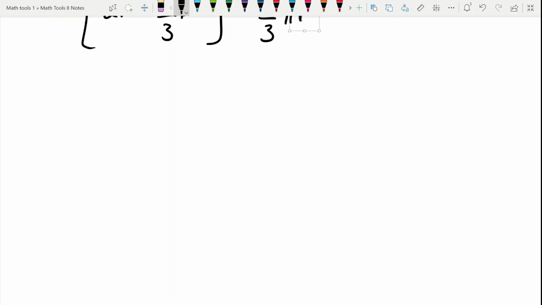So a popular way to do this is something like, okay, let's say that we have some function, say f of x equals x squared minus 4x plus 5.